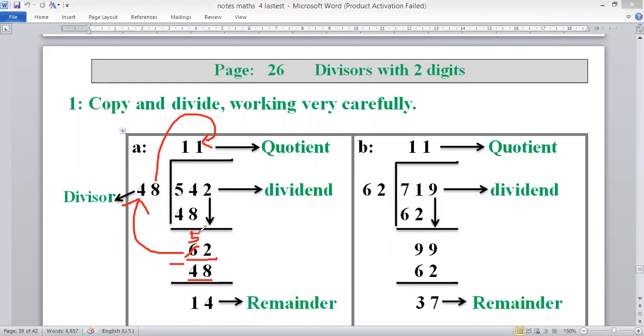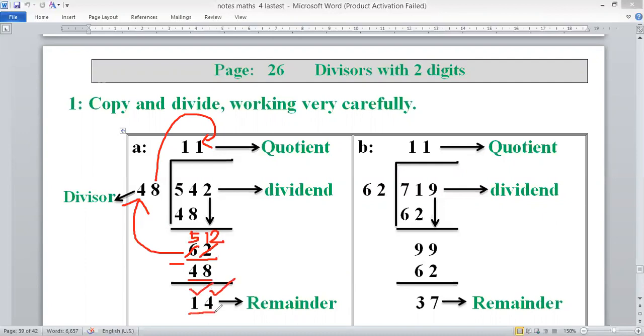Take 10 carry from 6 because 2 is smaller than 8. So first we make the number greater as compared to 8. So we add 10 carry with 2, we get 12. 12 minus 8, we get 4. 5 minus 4, 1.